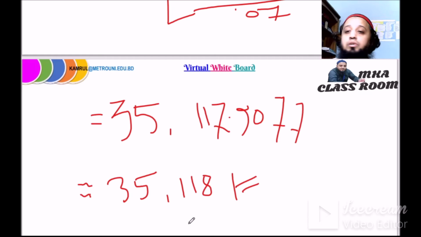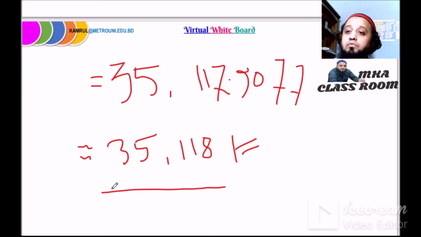Here it says if you invest 35,118 taka today, then from the next year this investment will provide you 5,000 taka for the next 10 years.